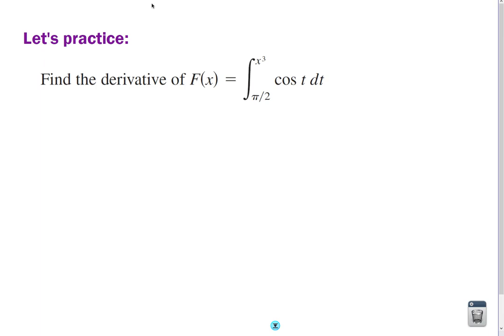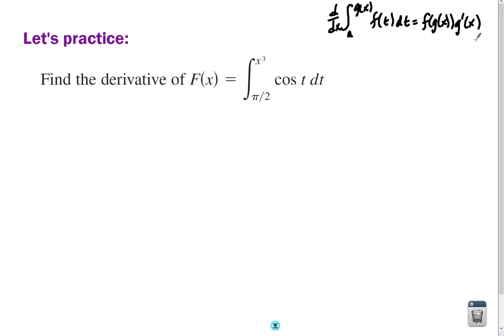Now, we could do the whole long-winded process like we had been doing, where we integrate first using the first FTC and then differentiate and all that good stuff. But let's use the actual second FTC, okay? So in the second FTC, d dx of the integral from a to g of x of f of t dt is equal to f of g of x times g prime of x.